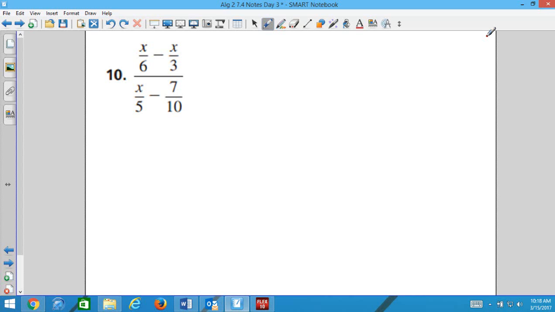What is our goal? We need to get what over what? Our ultimate goal is we need to get 1 fraction over 1 fraction. Currently, we have 2 fractions over 2 fractions. We need 1 fraction over 1 fraction.